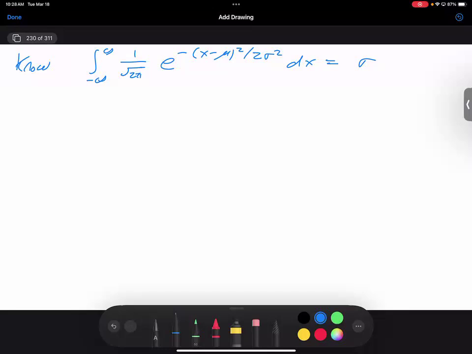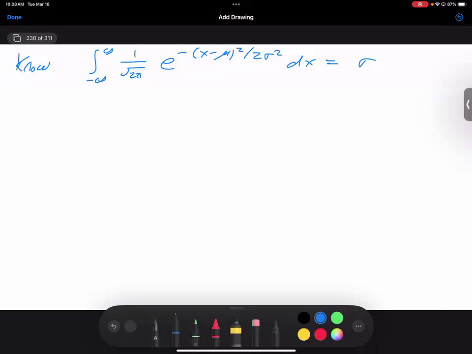What should we differentiate both sides with respect to? We integrate the left-hand side with x, so x is gone.